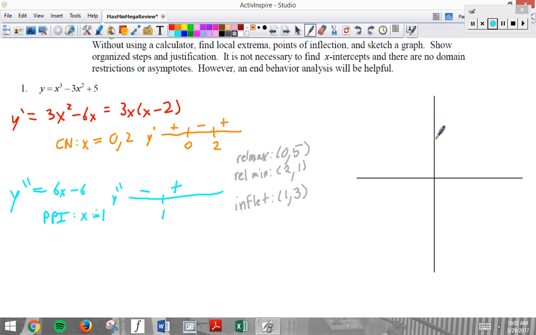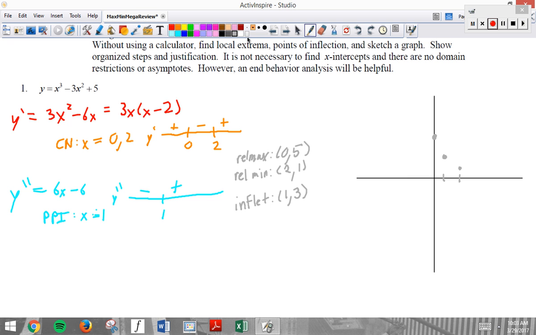I'm just going to graph these. So that's relative max. Inflection somewhere here. Relative min right here. So let's do it. Concave down, increasing up to 0.